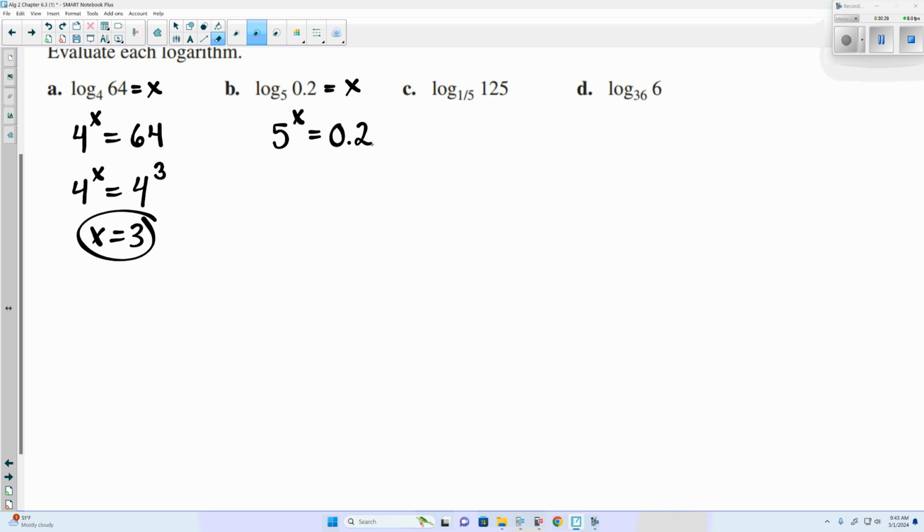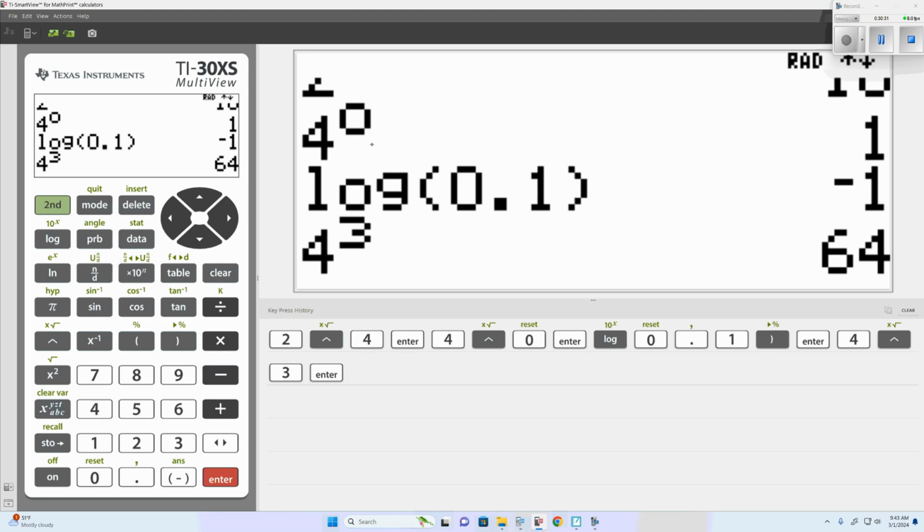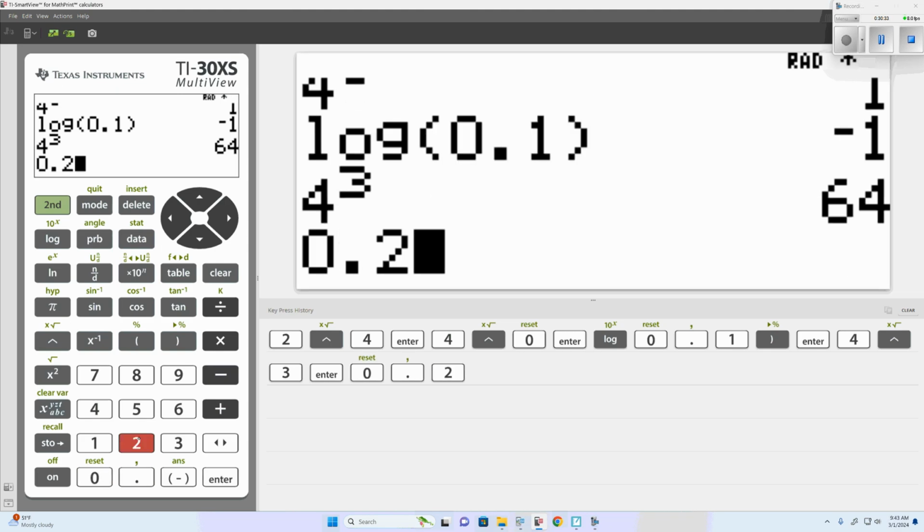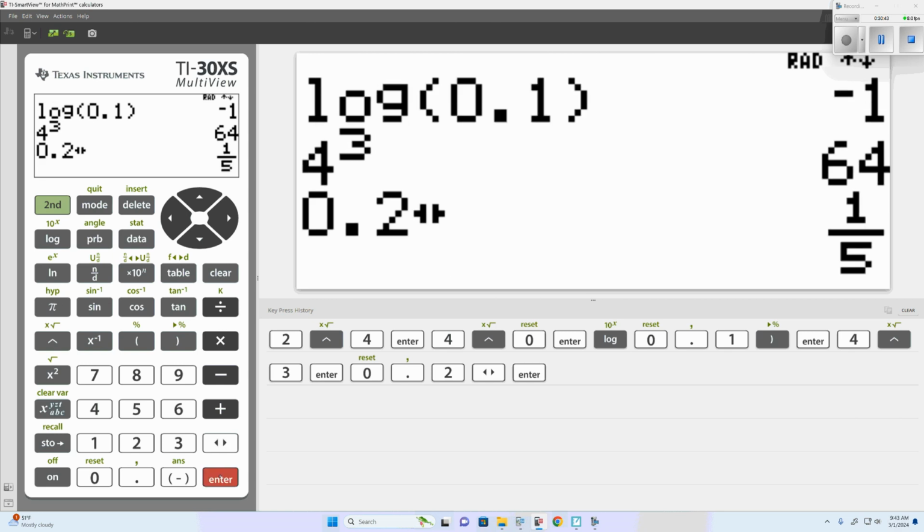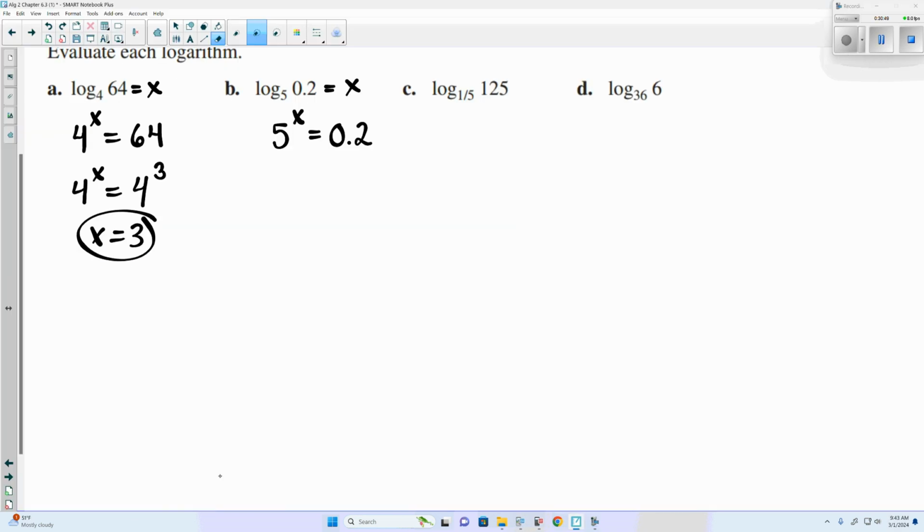I'm going to grab a calculator. So we're trying to get 5 to be 0.2, yes? Normally we like decimals more than fractions, but let's see what this is as a fraction. Because 1 over 5 is 0.2. So what we have here is 5 to the x is equal to 1 over 5, yes?